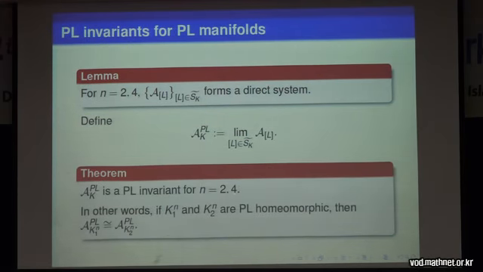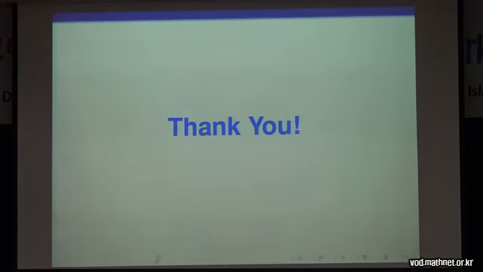Finally, in this case, this algebra is a PL invariant. In other words, if the two manifolds are PL homeomorphic, then their corresponding algebras are isomorphic. So, thank you.